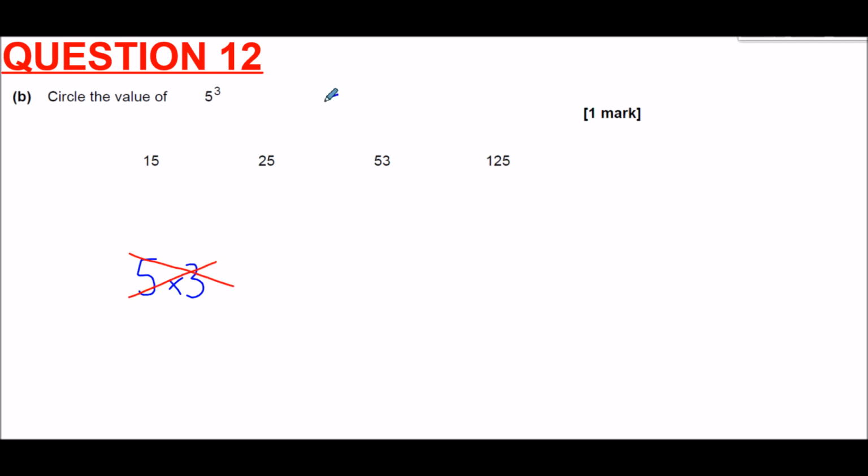What it means is 5 times 5 times 5 again. So 5 times 5 is 25. Now do 25 multiplied by 5. You could just do it the long way, 25 plus 25 plus 25, do that 5 times.